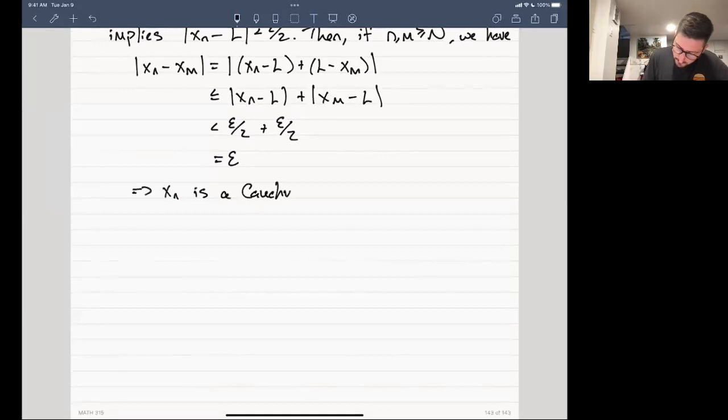So go back if you need to and check out the definition of a Cauchy sequence to make sure that I actually did my work there and that I showed that this thing is in fact a Cauchy sequence just from the definition. Now, the really nice piece of this is sometimes it's hard to show that a sequence is not convergent just from the definition of convergence, right?